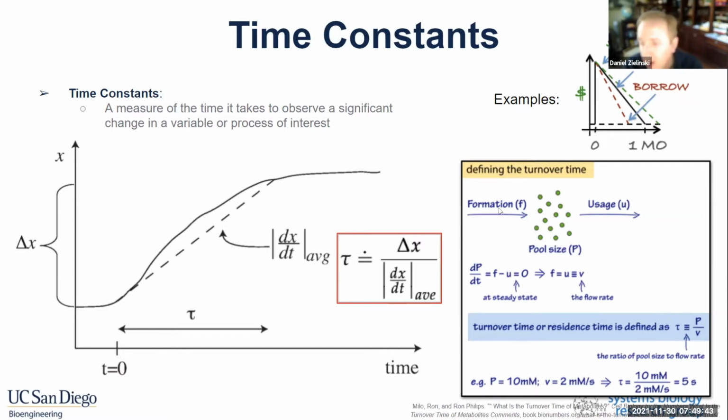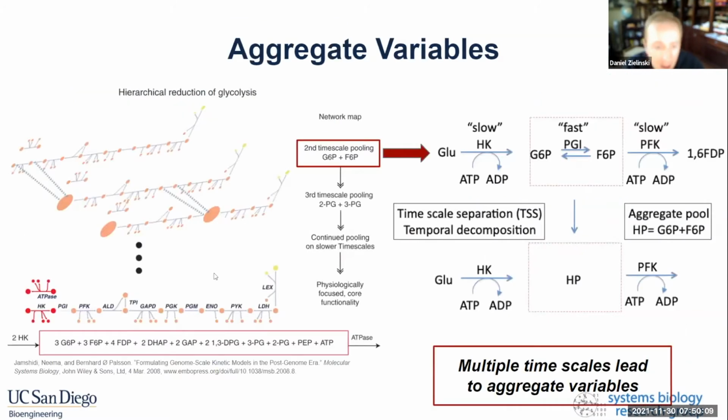It takes a very long time for very small fluxes to change a large pool. What that means is we can often neglect this process and just focus on faster processes, or vice versa. We might be interested in the very slowest aspects of our network. It allows us to separate the processes in our network based on the time that they're occurring on.